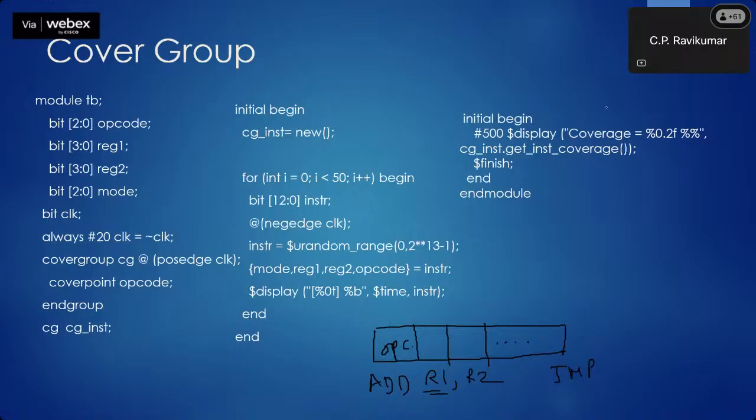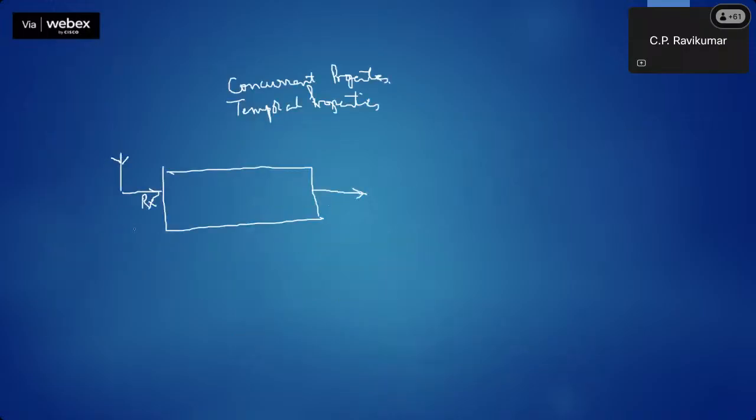So if the engineer gets feedback like this, then at least that person knows that he needs to think of better ways of generating test benches. So that is the idea of cover group. I will leave this code here. You can enter this in that EDA playground and make it work. It's just copying that code and running it.